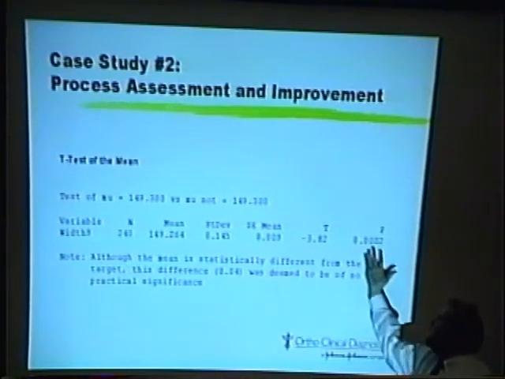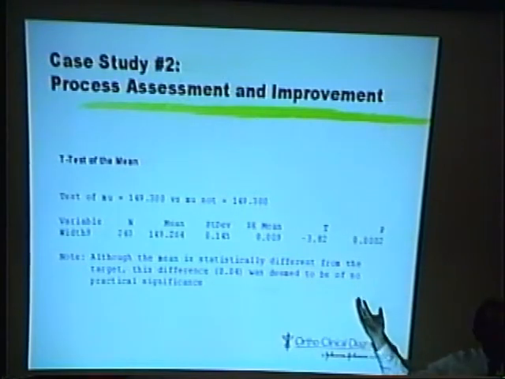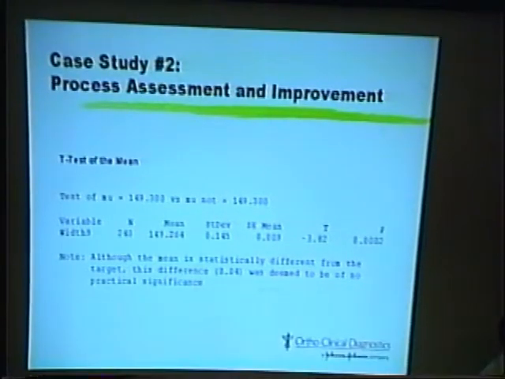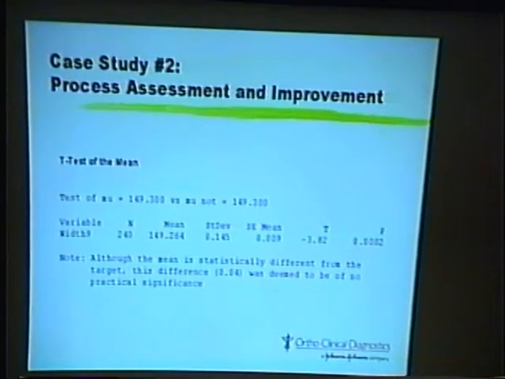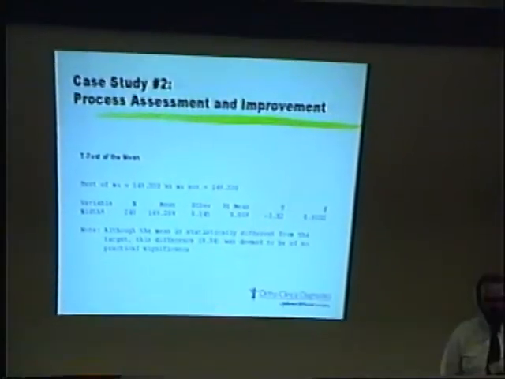The t-test does come back and say there is a statistical difference, but again, the next question is what's the practical difference? So this is just a footnote: this difference of 0.04 wasn't a practical concern. So for all intents and purposes, we're happy that the combined process appeared to be centered versus the target.